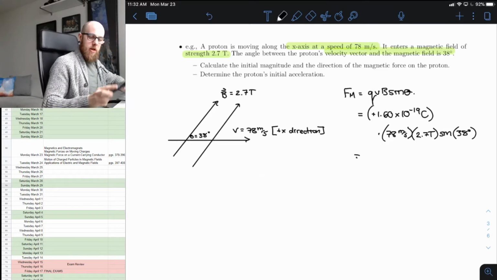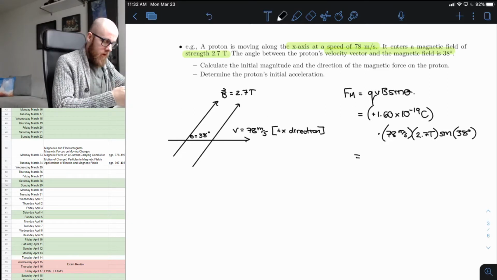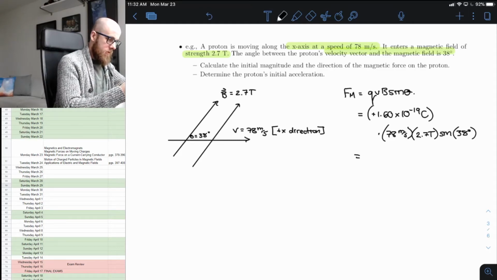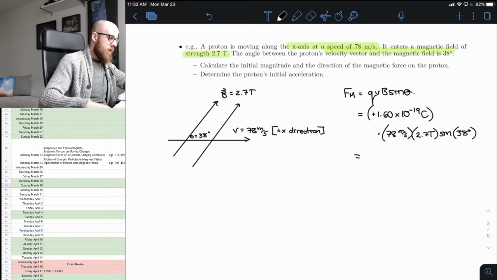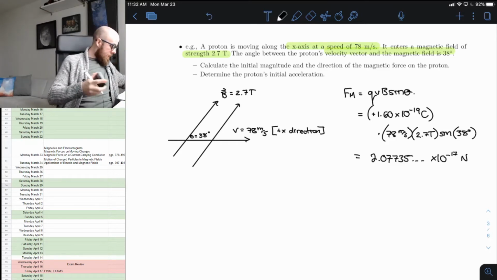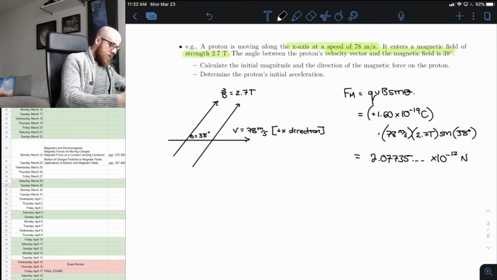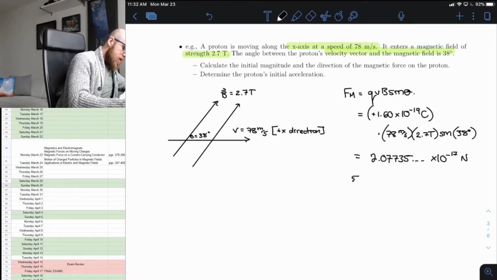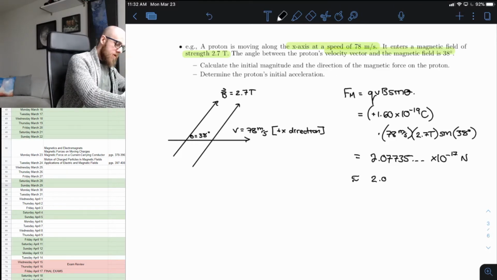Let's work out what that's going to be: 1.60 times 10 to the negative 19 times 78 times 2.7 times sine 38. I get a value of 2.07735 times 10 to the negative 17 newtons. So that ends up being approximately 2.07. How many sig figs? 2 sig figs? 2.1 times 10 to the negative 17 newtons.